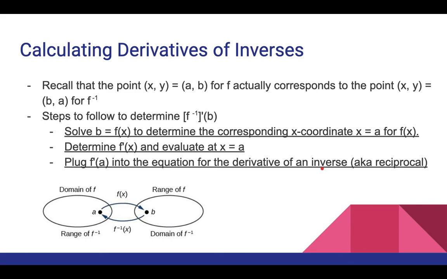So again, the big thing to watch out for, and we'll see this in the next example, is that when they ask you for a derivative of an inverse at a specific point, that refers to the x coordinate for your inverse, which refers to the y coordinate of your original function. So you have to solve for b equals f of x to determine the x coordinate for your original function.